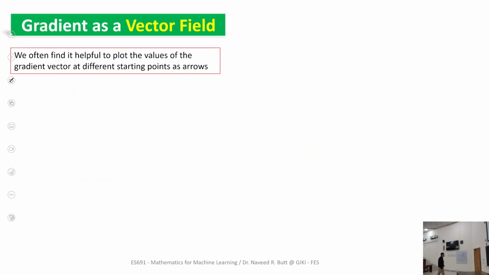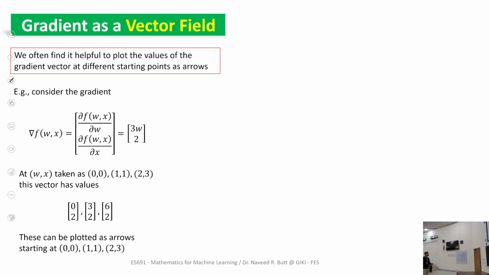So, gradient as a vector field: we often like to plot the gradient. The gradient is a vector, and just like the derivative it depends on the choice of x and y. So this whole thing is a function, and you can get many vectors from it. For example, in this case we found the gradient to be 3w^2.